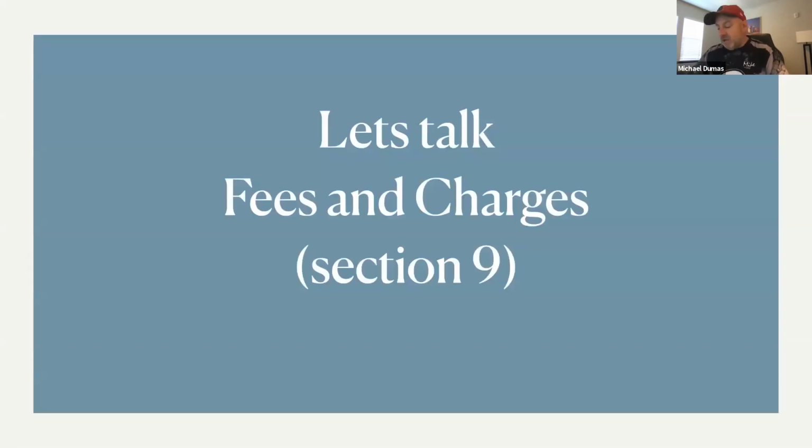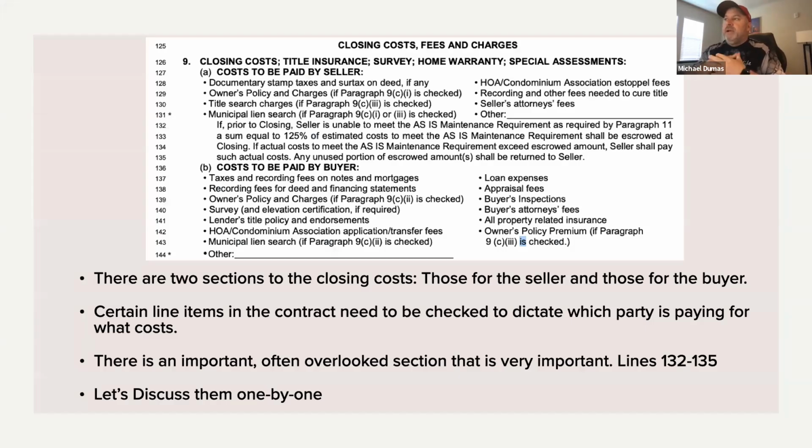So let's talk section 9, fees and charges. We're going to start with closing costs, fees, and charges. These are all the costs to be paid by the seller and costs paid by the buyer. So there are certain line items in the contract that need to be checked in order to dictate which party is paying for which cost. For example, if you look at costs to be paid by the buyer, there's a municipal lien search and owner's policy premium.